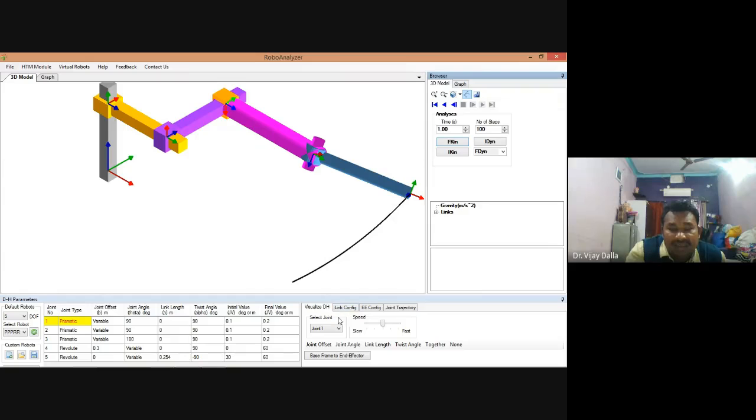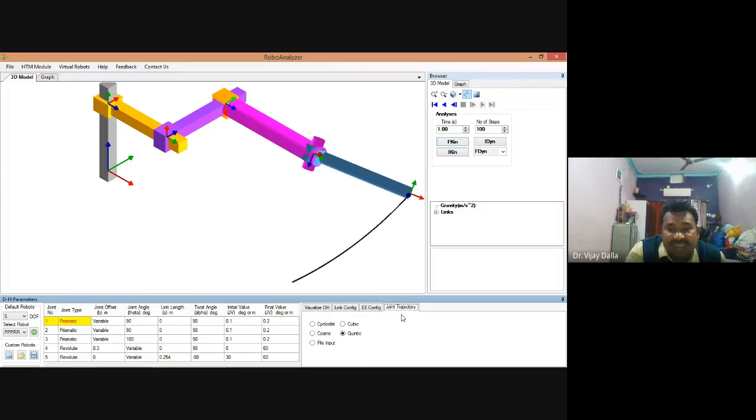And which kind of trajectories are given to the end effector? So here it is quintic. Okay, why not give, suppose, a cubic?